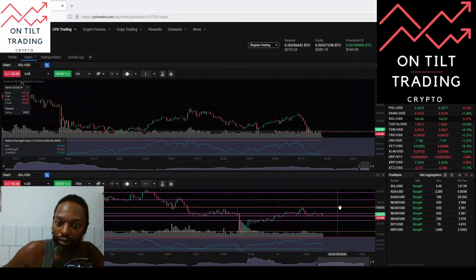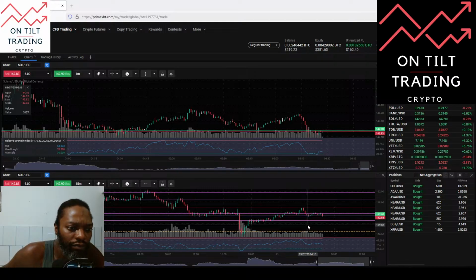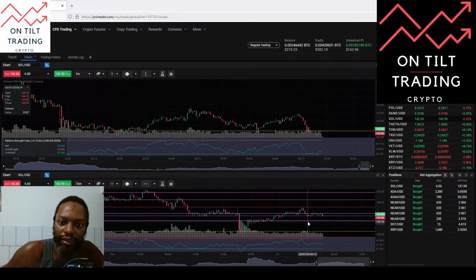Actually, is this an S6? This may be an exit, an S6 traverse, because this is R4 here. This may be an S6 to an R3 traverse.